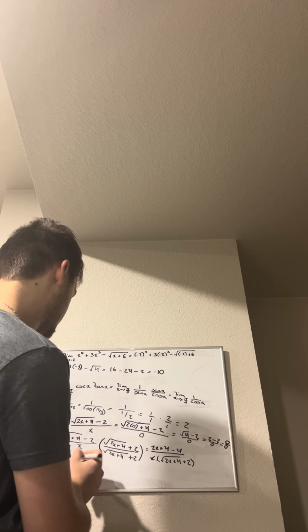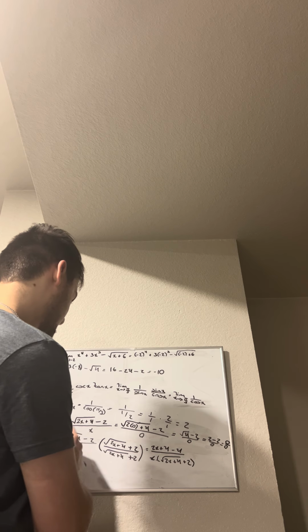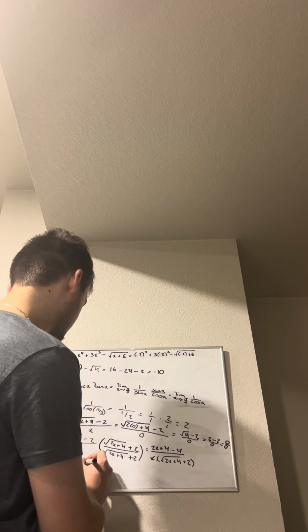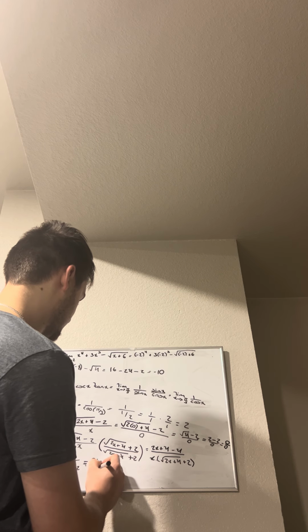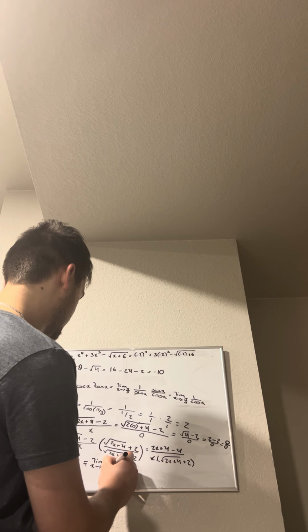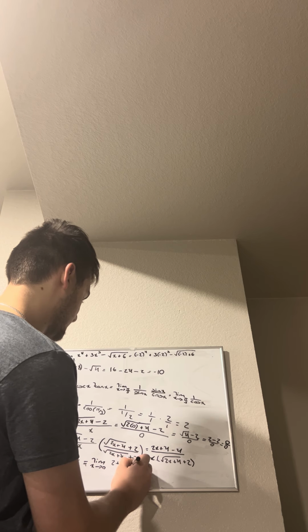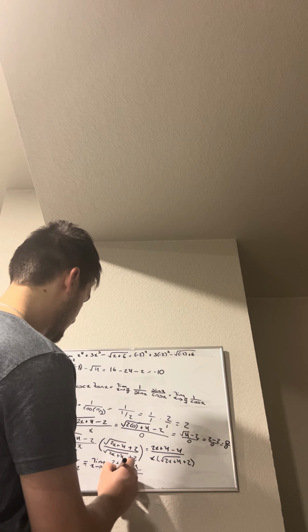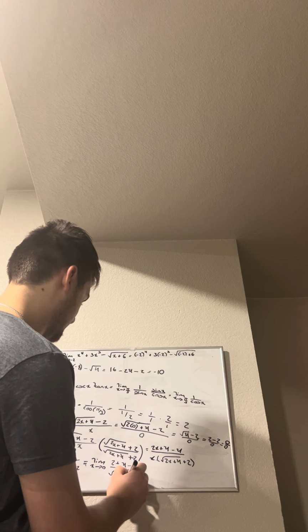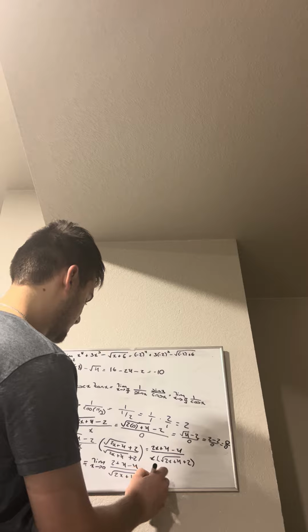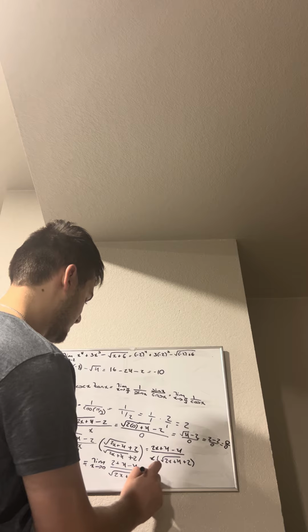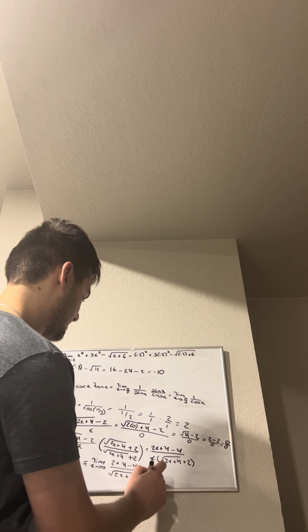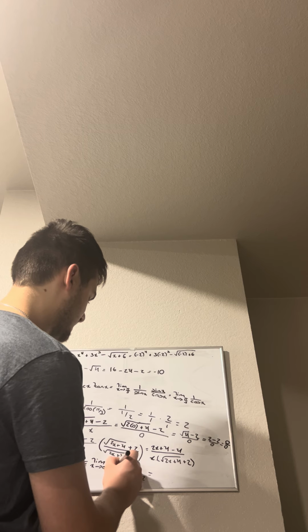Now you can rewrite it with the limit. So you'd have the limit as x approaches 0 of 2 over root 2x plus 4 plus 2, just like that.